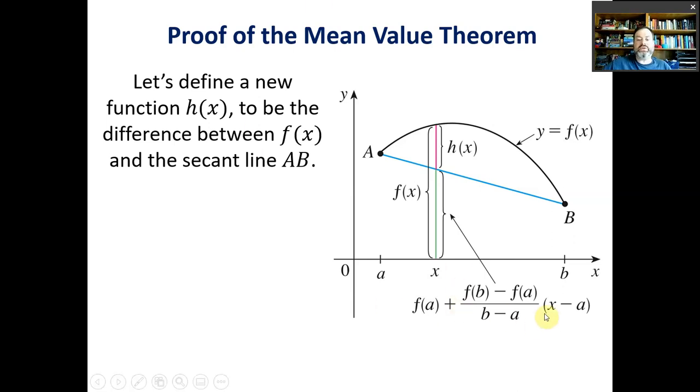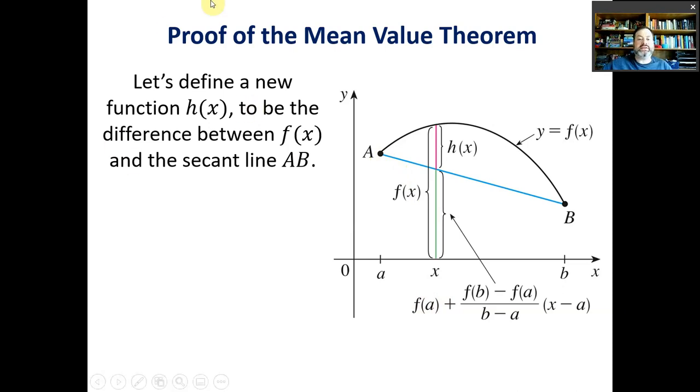Okay, so let's look at where this construction comes from. This thing here, okay? So this is the slope of the secant line, right? This is the equation of a line, right? This is point slope form, right? So this is basically saying, this is y. Y equals f of a plus the slope times the difference between x minus a.